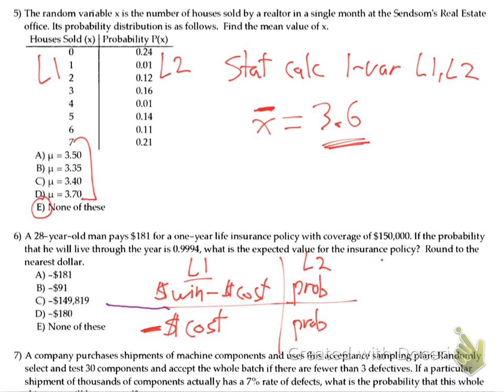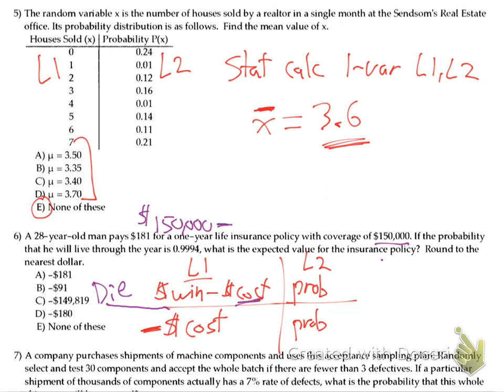So if you die during the year, you win. Financially, anyway. Your family wins, right? Financially, you win how much money? Your family wins $150,000. That's what they win.